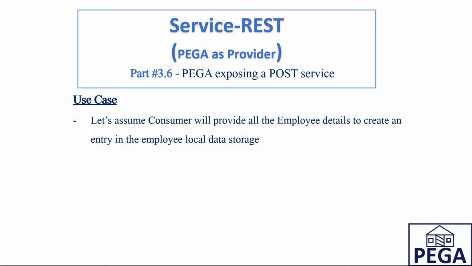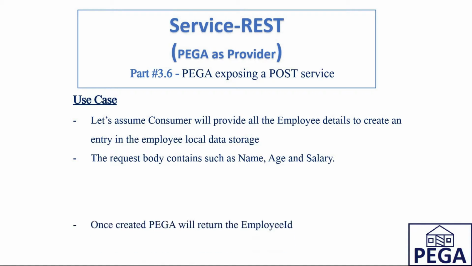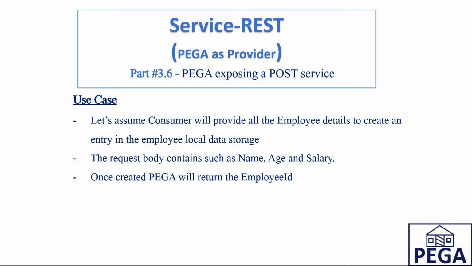Here we are going to create an entry in the local data storage, and that entry is going to be the employee detail. To do that, obviously I need a request body with name, age and salary. As part of this use case, I'm going to make these mandatory fields, and then I will insert the entry and create an employee ID, and that employee ID is going to be sent back to the consumer so that they know the employee ID that was created.